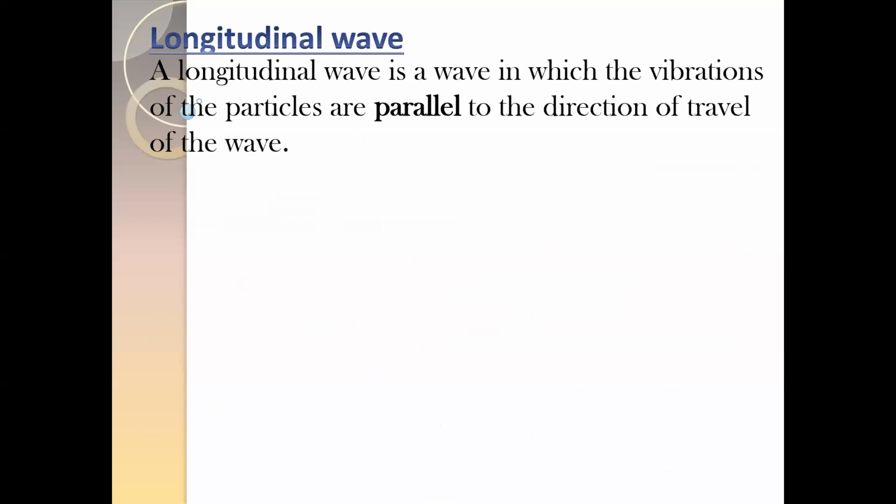The second type of wave is known as a longitudinal wave. In a longitudinal wave, the particles vibrate parallel to the direction of the wave. For example, these are the air molecules, air particles.